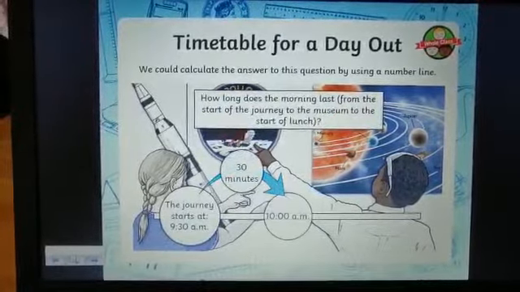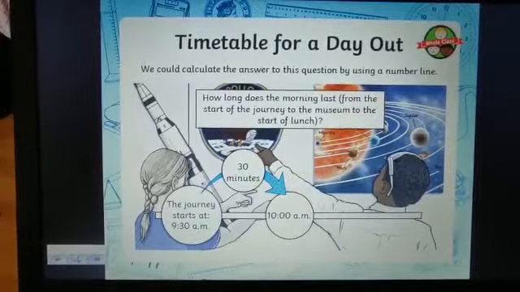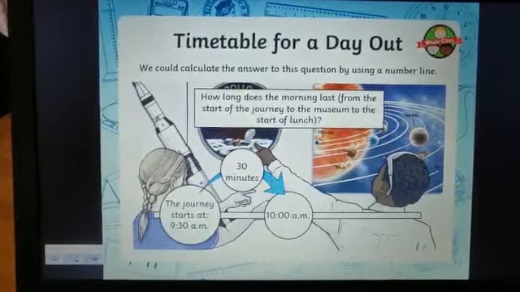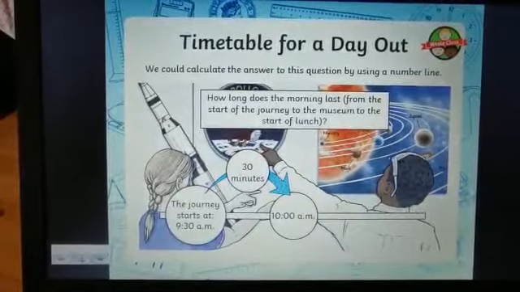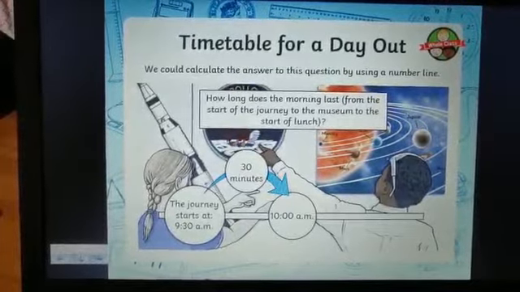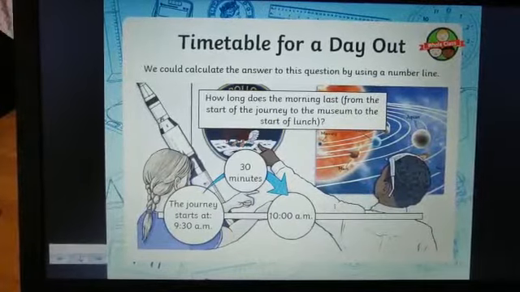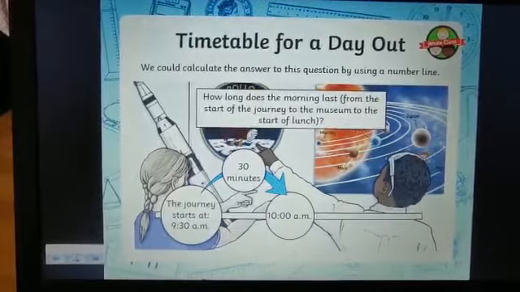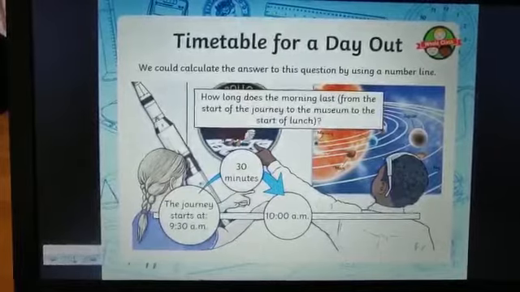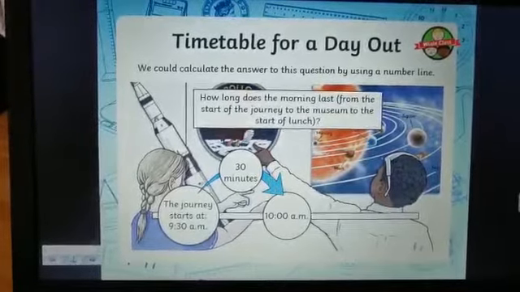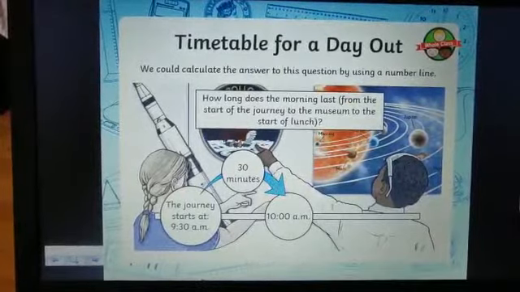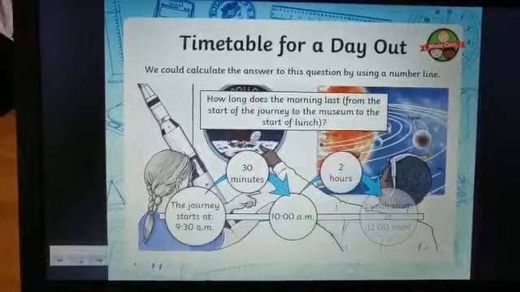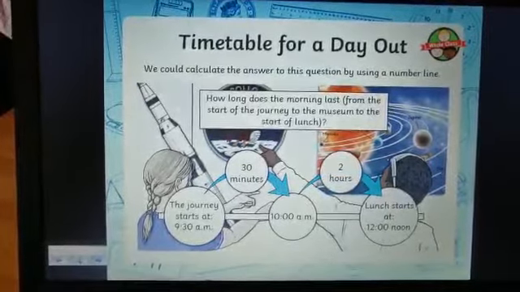The start journey is at 9:30 a.m. and what we've done there is we've rounded it up to the next hour. So how many minutes are left until the next hour, which is 10 a.m. and we calculated that there are 30 minutes. So we've made a note of that. That's 30 minutes to the next hour. So then we need to get from 10 a.m. to 12 noon, which is 2 hours.